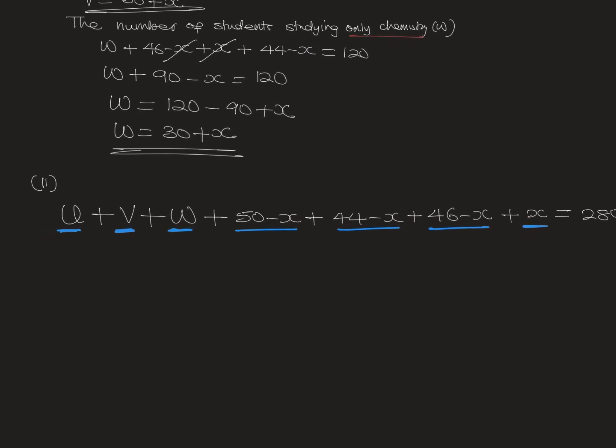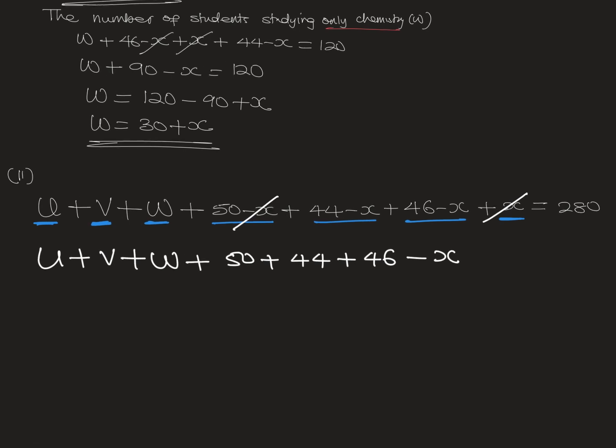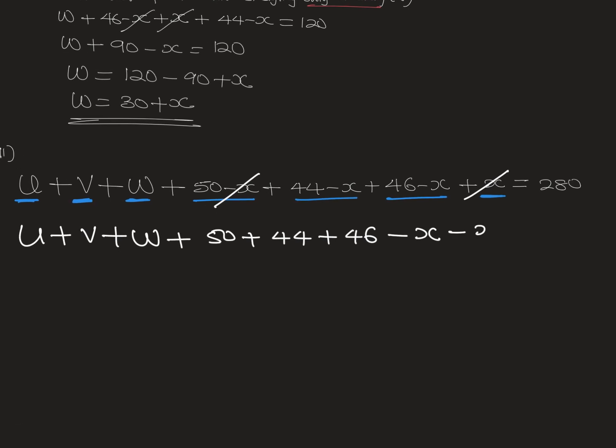Now, minus x will cancel this plus x. So we're going to have U plus V plus W plus 50 plus 44 plus 46 minus x is equal to 280.